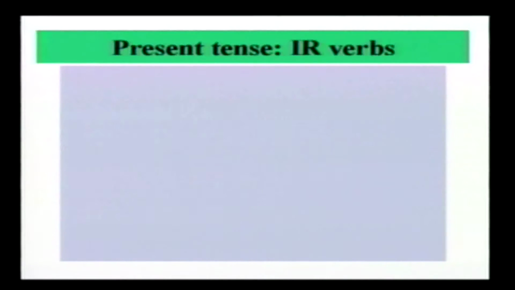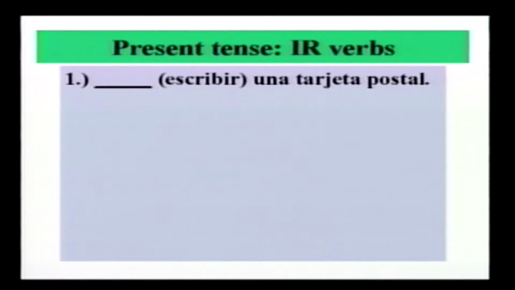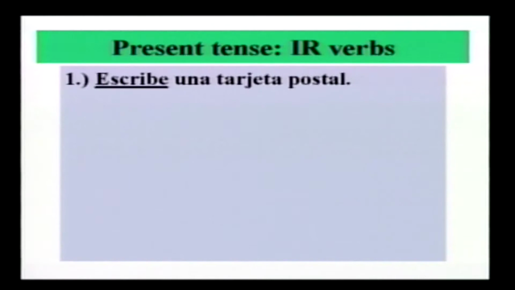Let's take a look at the IR verbs in the present tense. Escribir una tarjeta postal. What would you do here? Escribe. Number 2.